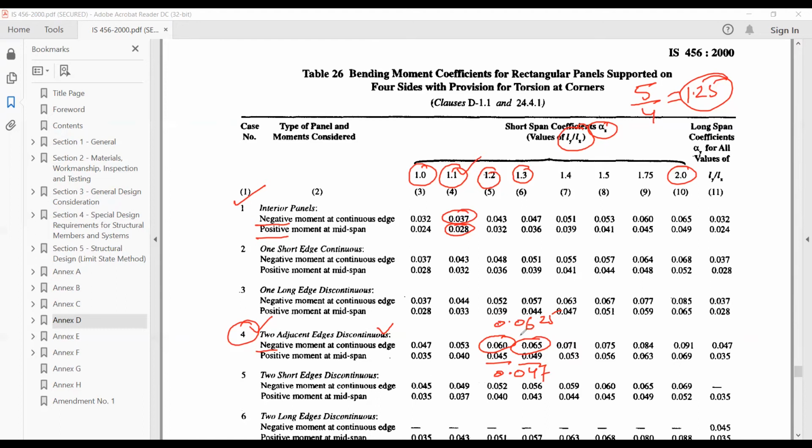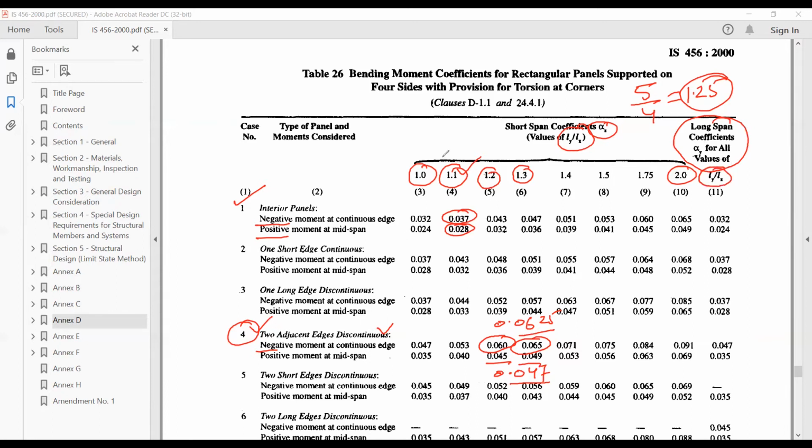Now this is the value for alpha x negative moment, and this is for alpha x positive moment. Now we have to find out the value for alpha y, because we also are required to calculate My positive and My negative, which is based on alpha y value. On the last column, you can see this is the column for the value of alpha y, and it says that this alpha y value is for all values of Ly by Lx.